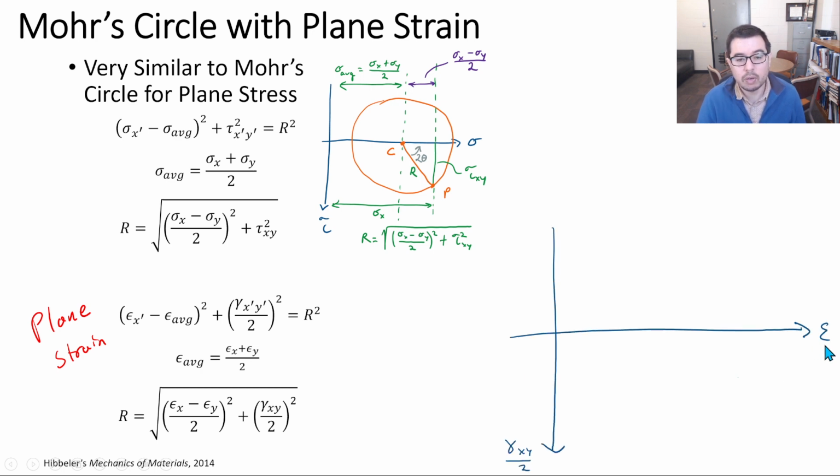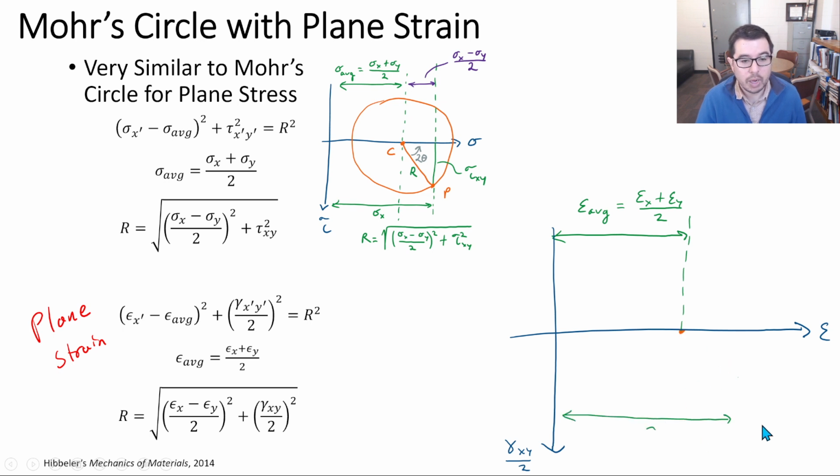So we have a normal strain axis, epsilon, just like we had for sigma. We have the y-axis, again, being positive downward with our particular decided conventions. And now instead of putting tau down here, we put gamma xy over 2. When we find the middle of the Mohr circle, we use the average of the normal strains, just like we use the average of the normal stresses here, and we can pinpoint that center.